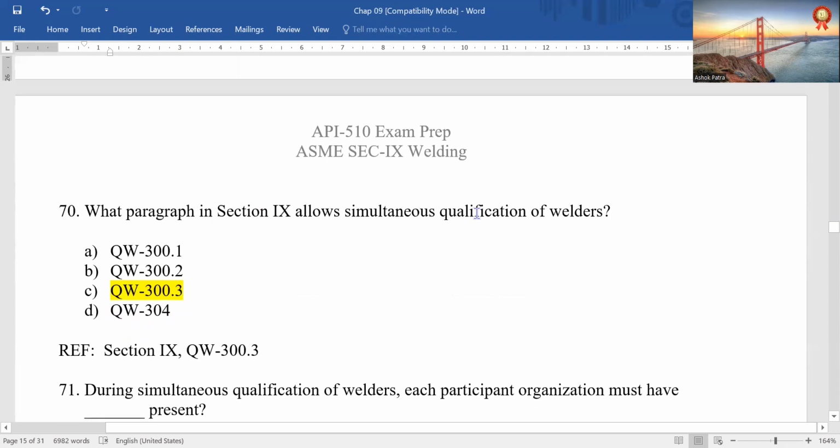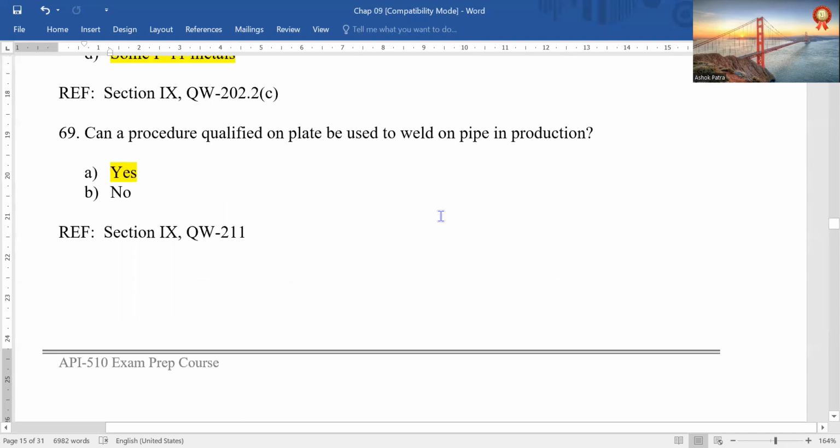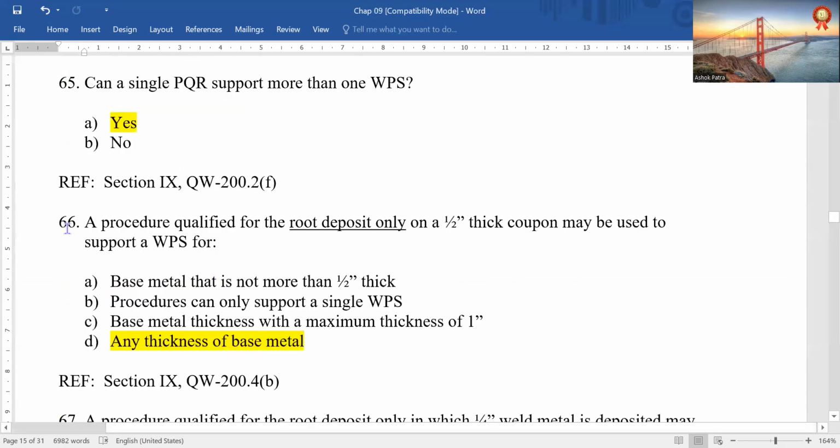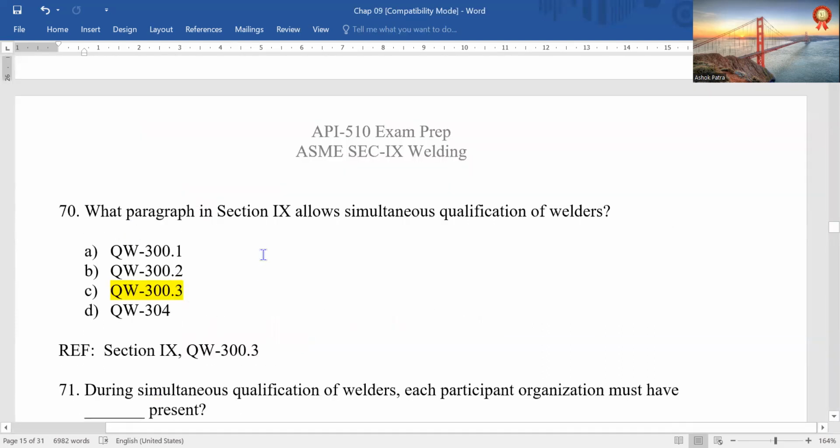What paragraph in section 9 allows simultaneous qualification of welders?